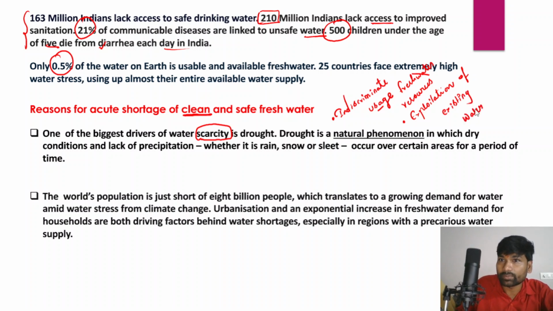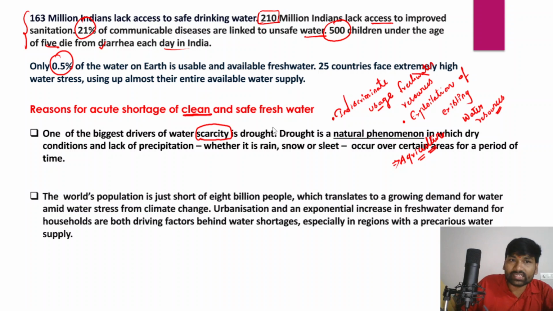This would be another major problem, because people lack awareness about efficient water usage management techniques, and there are unscientific irrigation systems in a few countries, particularly in India. Unscientific irrigation system means just flooding the fields with water, right?